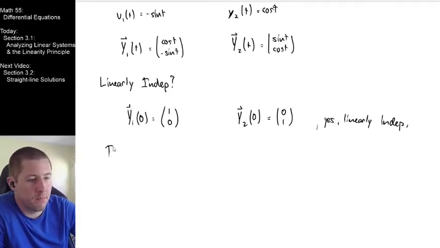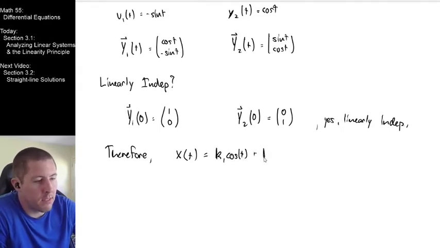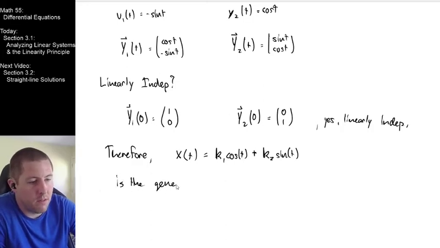Therefore, x of t equals k1 cosine of t plus k2 sine of t is the general solution.